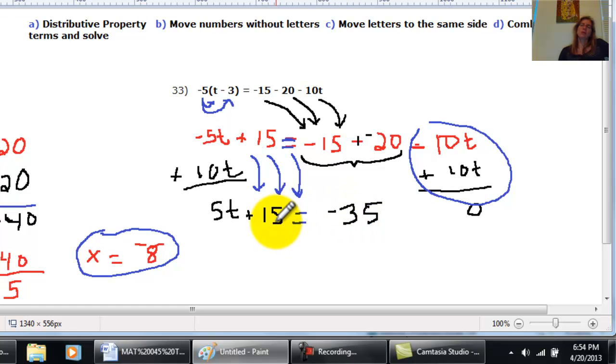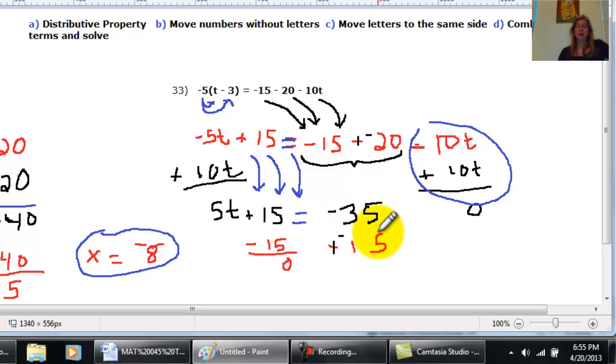So let's move the number to be with that number. So we're going to subtract 15 from both sides of the equation because it is added here. And that would be 0 here. And be careful with this, you're subtracting 15. But you have integers. So follow the rules for integers. You change the subtraction to addition, so you add the opposite.